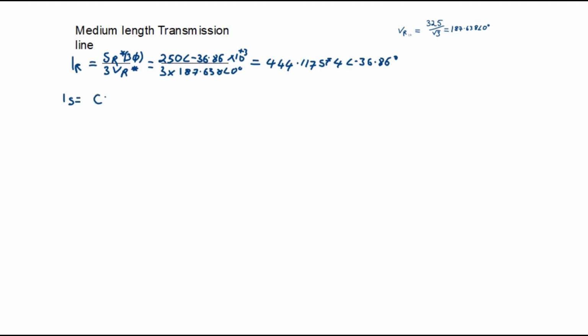Next, let's calculate the sending end current IS. This is equal to C times VR plus D times IR.